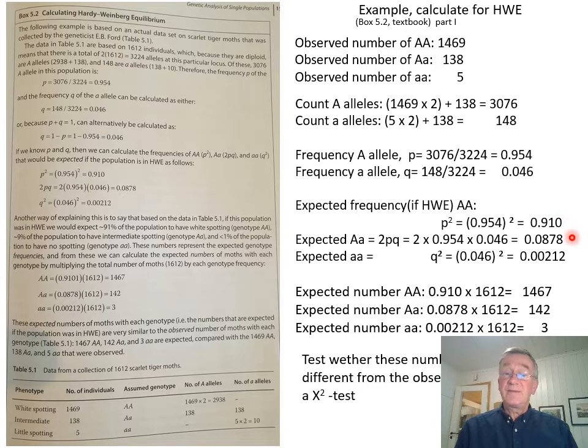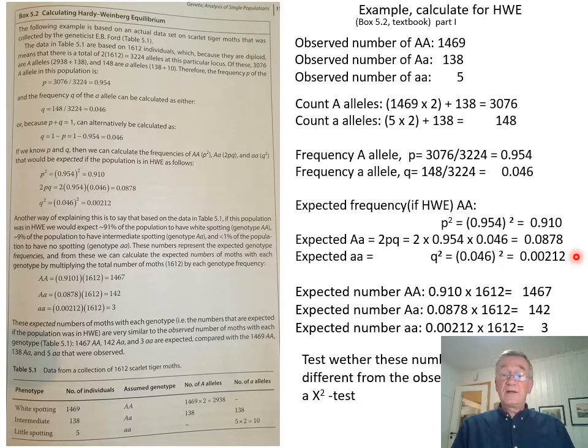The expected frequency of the heterozygous is 2pq, 2 times p times q, which is 0.0878. And the expected frequency of homozygous small a is q squared, which is 0.00212. These numbers are the frequencies of the genotypes.